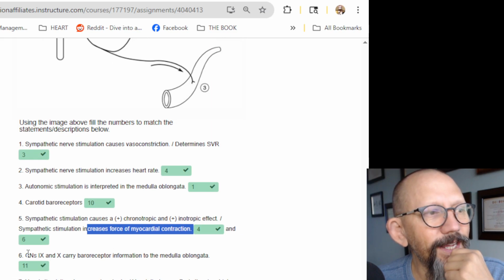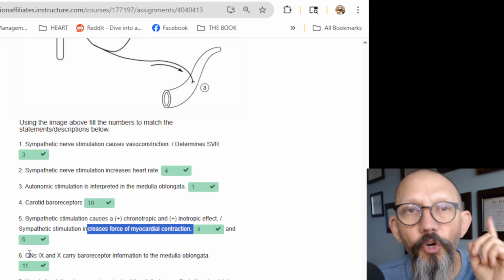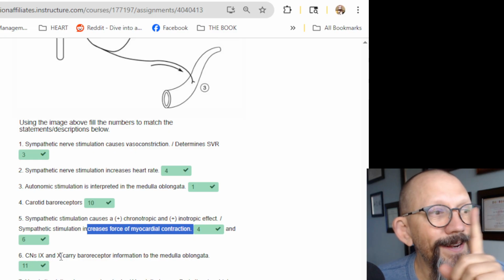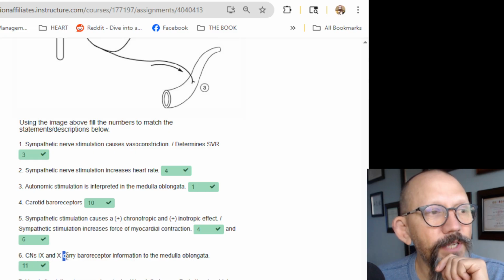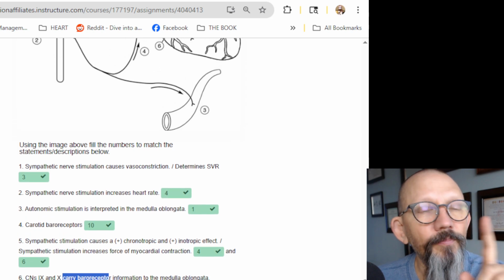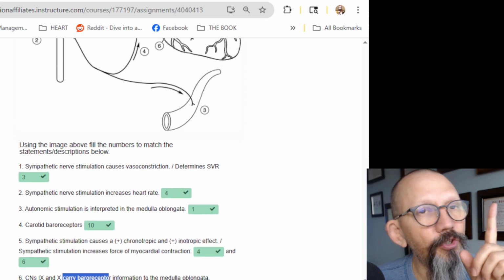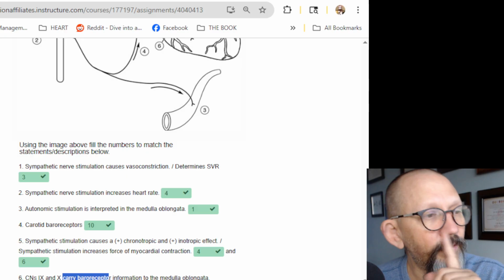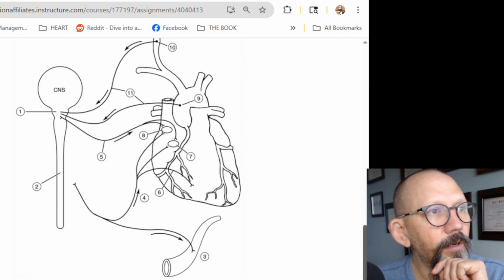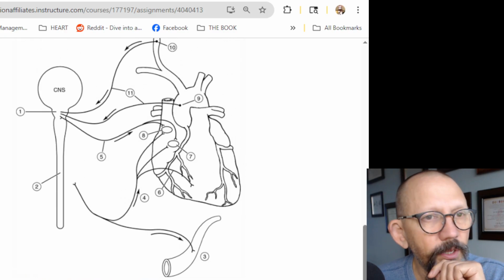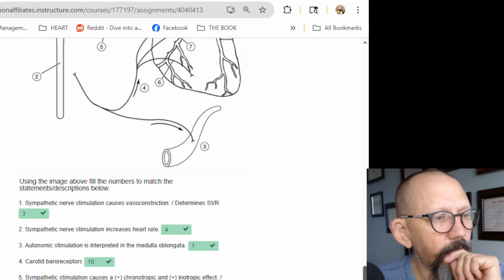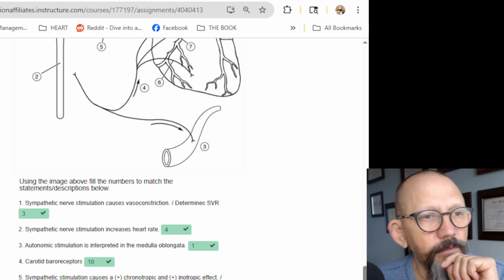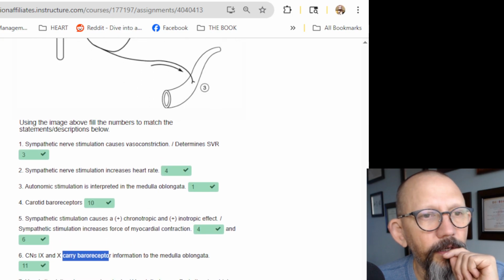Number 6, CNS, cranial nerves 9 and 10 carry baroreceptor information to the medulla oblongata. So to the medulla oblongata, which is the central nervous system, right? And we're going to look up here. There's number 11.